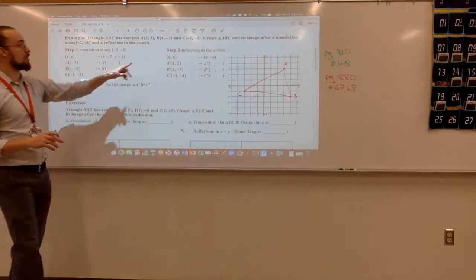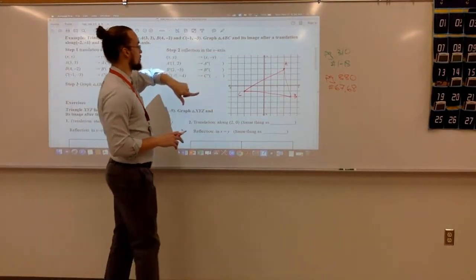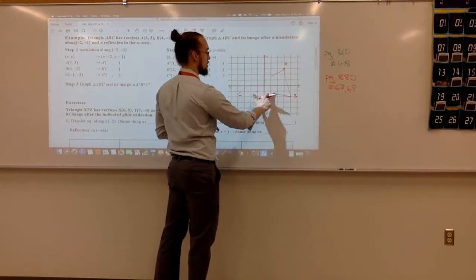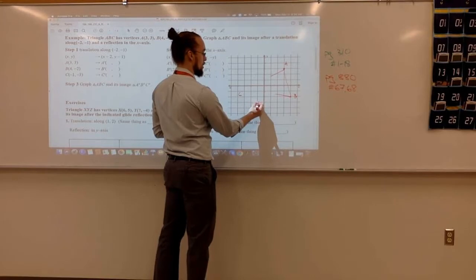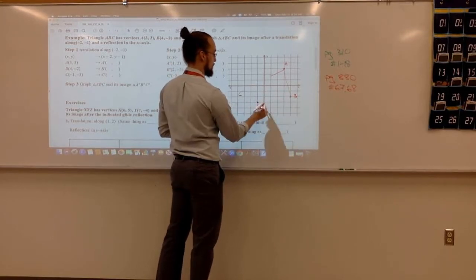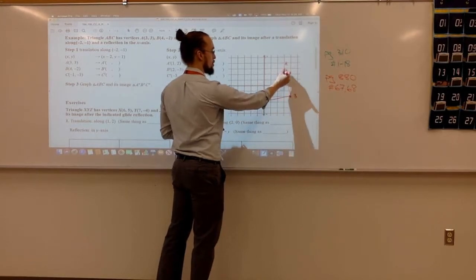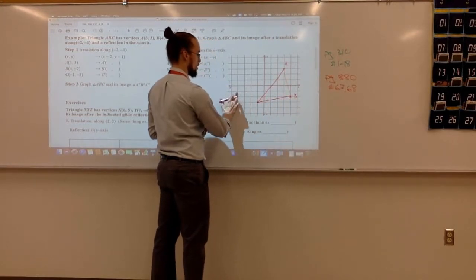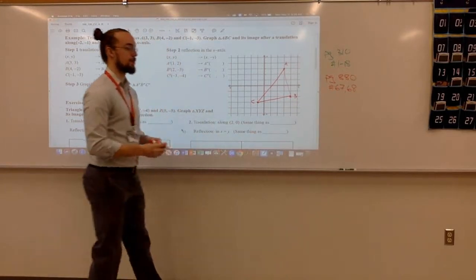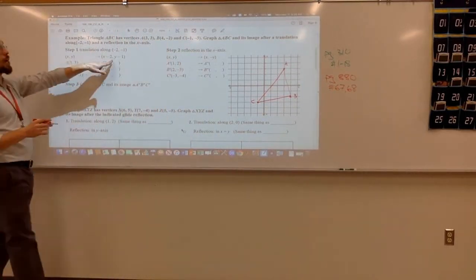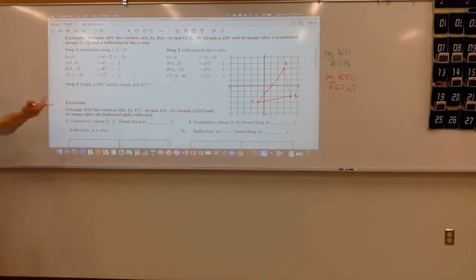I plotted -1, -3 down here. Trying to do stuff too fast this morning. There we go. That looks a little bit better. So now I want to take that triangle and go left 2, down 1.